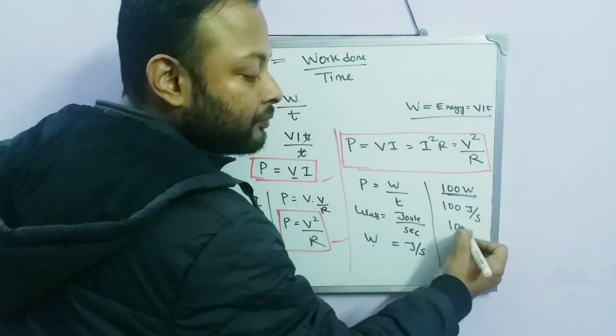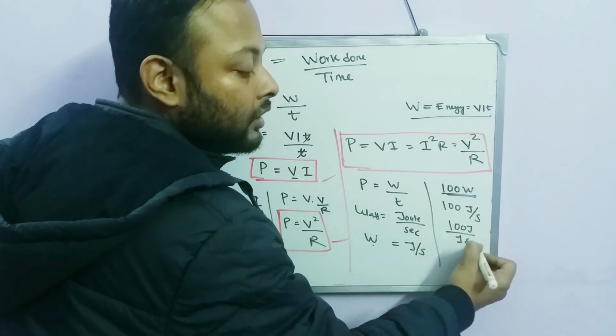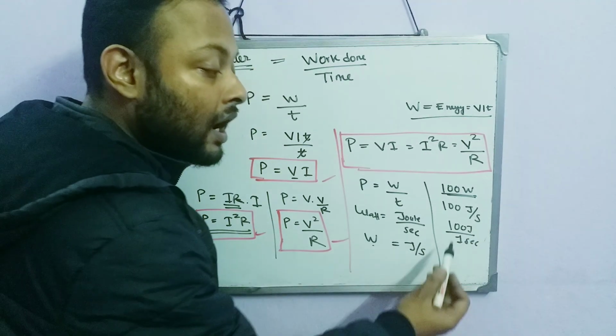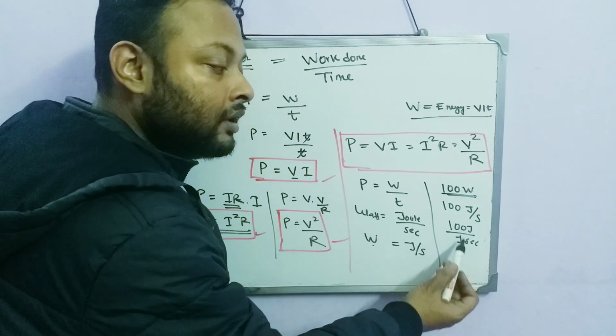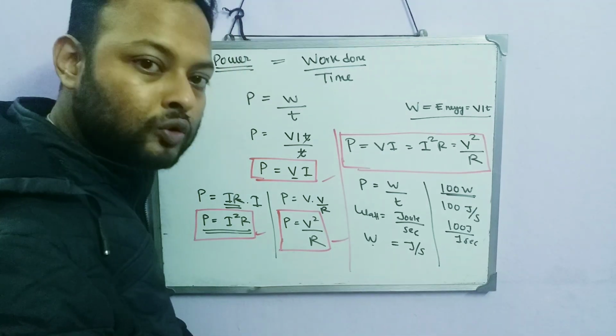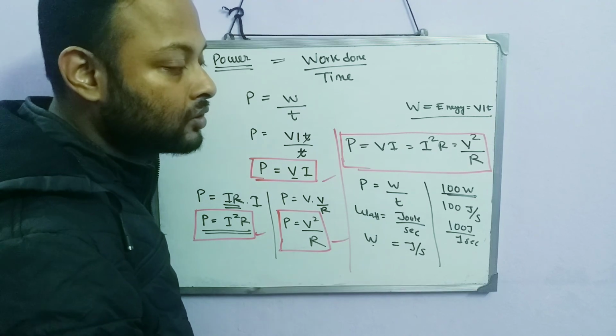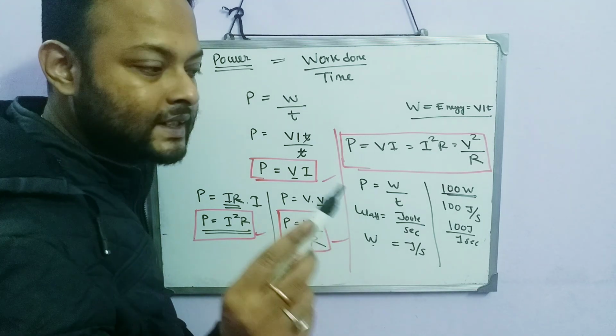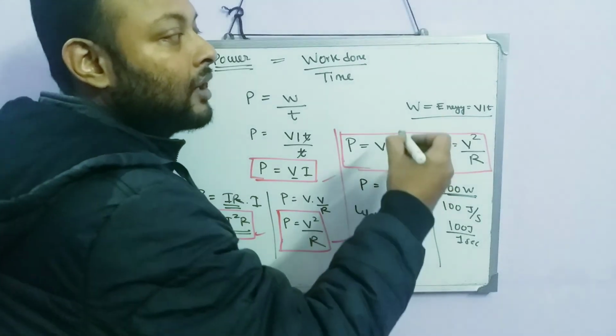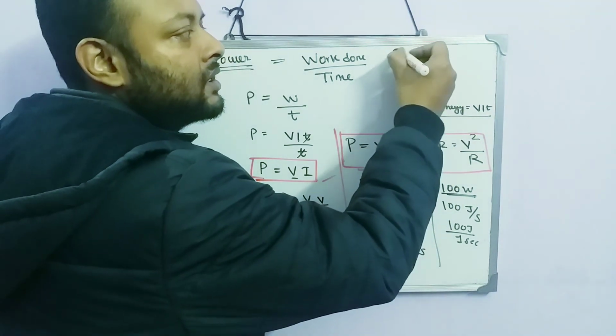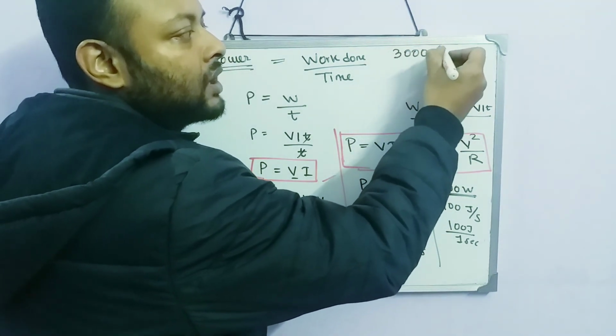That means the bulb consumes 100 joule of energy in just 1 second to keep glowing. Similarly, the power rating of an AC is nearly 3000 watt.